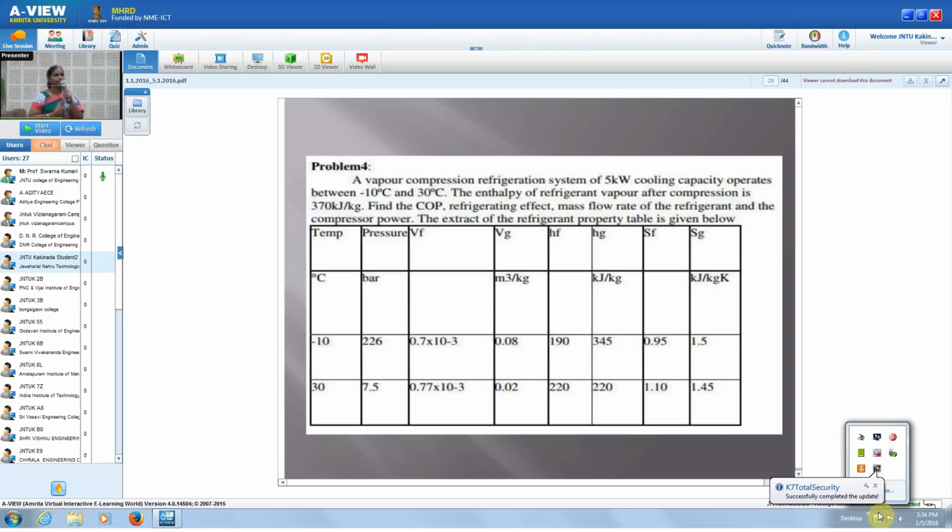Find the COP, refrigerating effect, mass of the refrigerant and the compressor power. And the properties of the refrigerant are given. So that is at the evaporator temperature of minus 10 degrees centigrade and the condensation temperature of 30 degrees centigrade. So even pressures are also given.